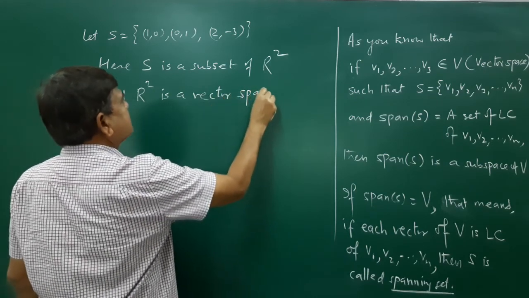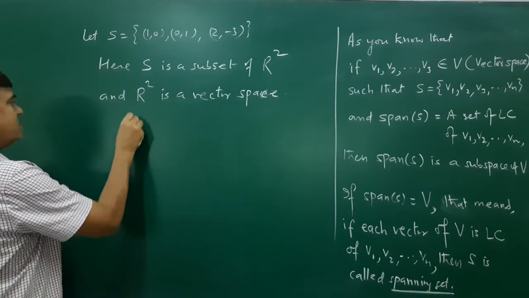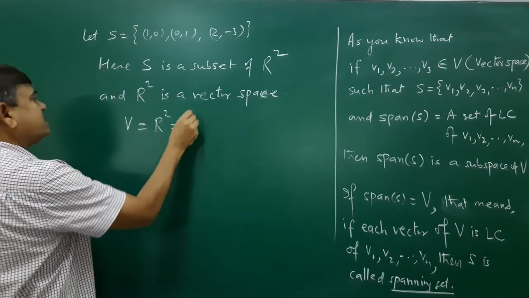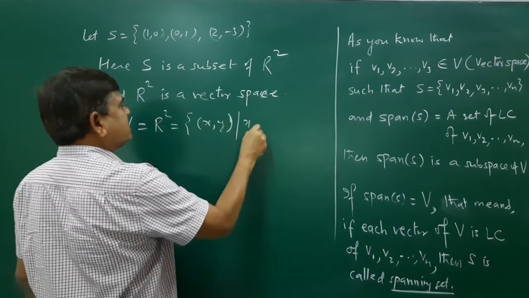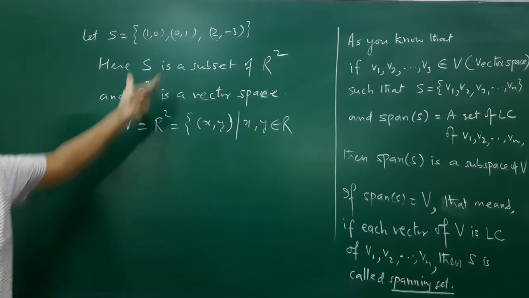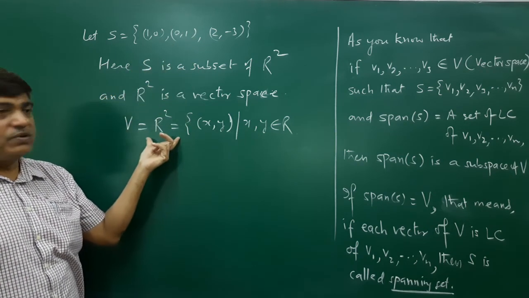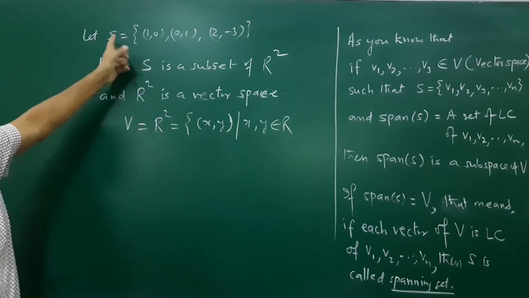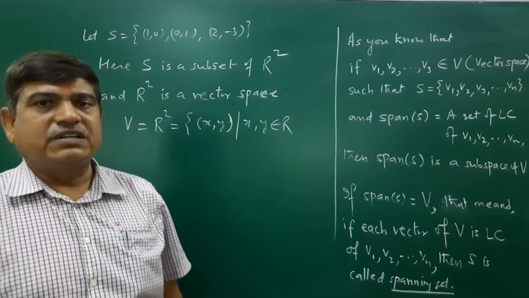You people know that. V equals R square, that is (x,y) such that x, y belongs to R. So these are the members of this R square, and this particular set has three members.